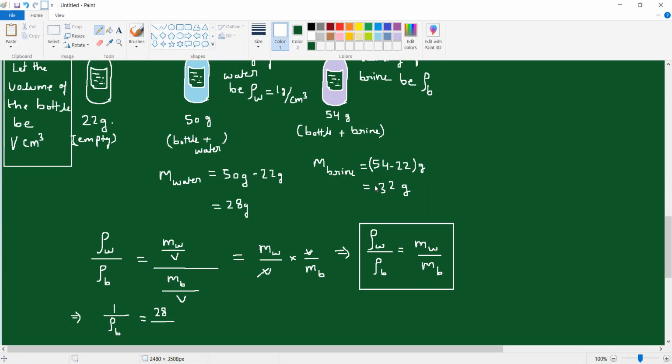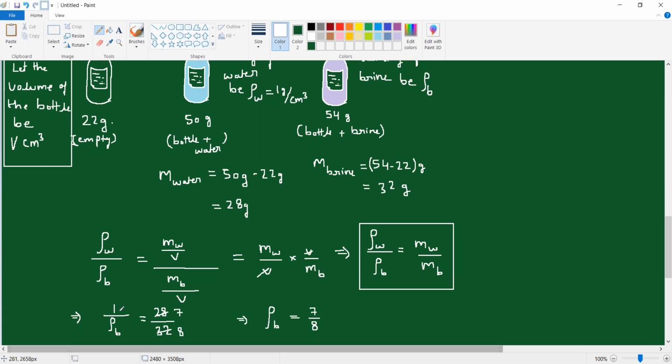Mass of water is 28 and mass of brine is 32. We will divide by 4. 4 7s are 28, 4 8s are 32. So the density of brine will be 7 upon 8. No, it will be 8 upon 7.